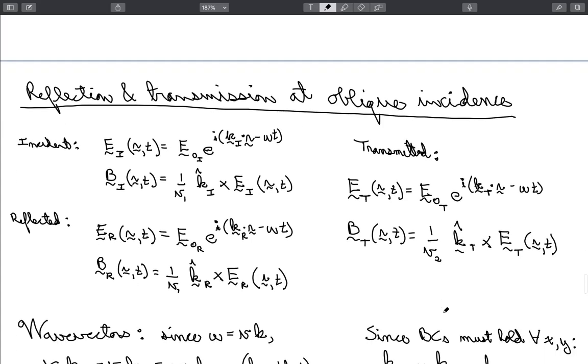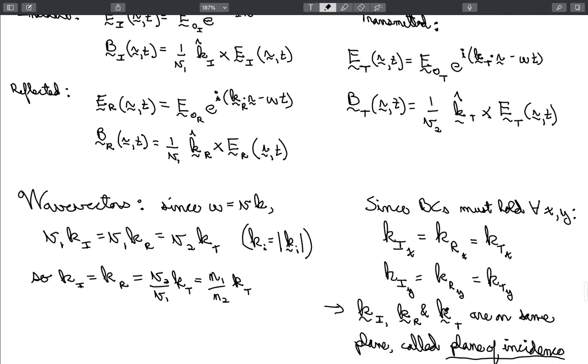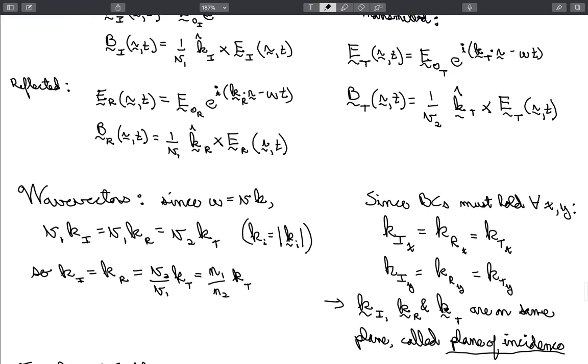Once again, I've written a few equations for you to accelerate the argument. Let's look first of all at the wave vectors, at the amplitude of the wave vectors because that's the simplest. And we know that for monochromatic waves, we have this relationship between the frequency, the propagation velocity, and the propagation wave vector.